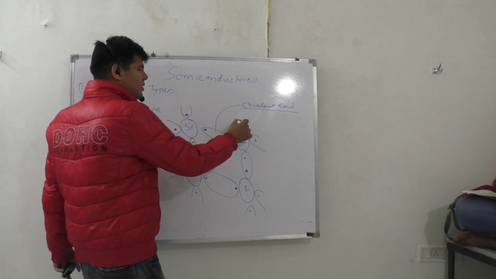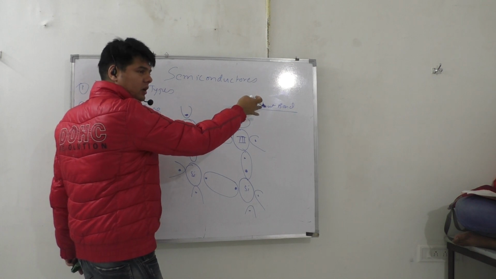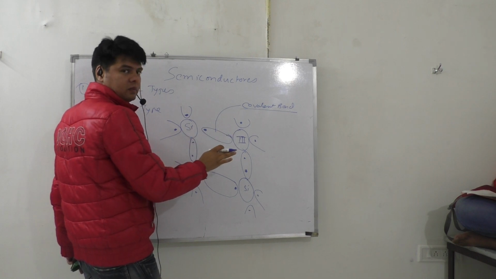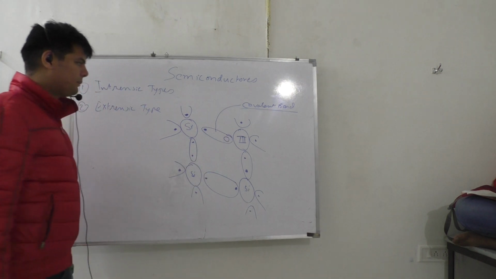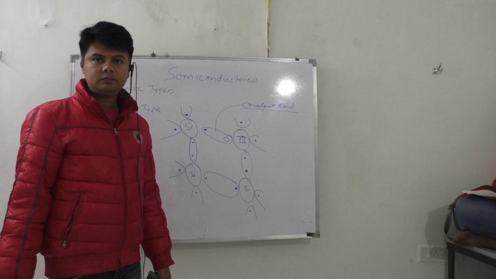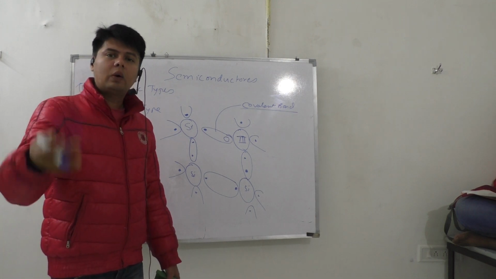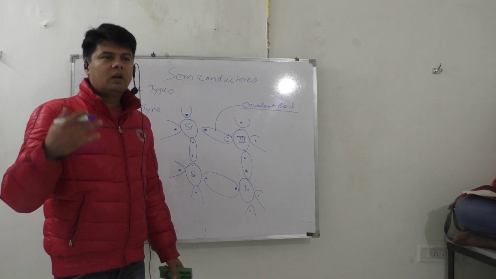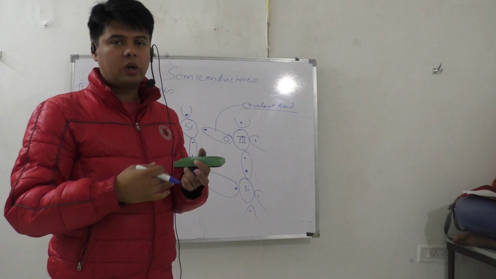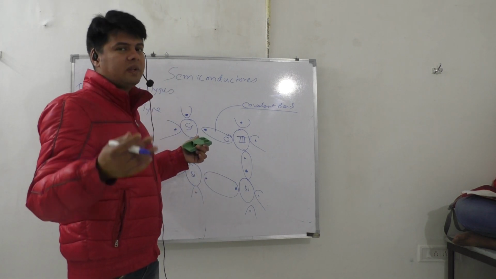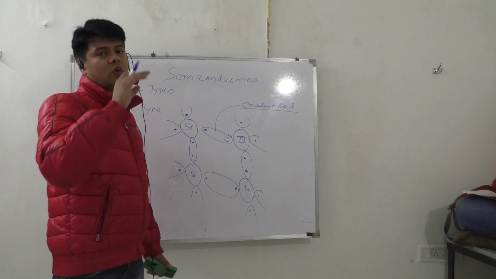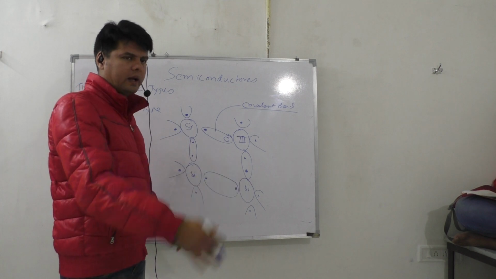These 3 electrons are tightly bonded with the silicon, another silicon atom, but this silicon electron is not bonded with any atom, and there is a free space, a hole. यहाँ पे सारे इलेक्ट्रॉन्स है, बट यहाँ पे एक फ्री स्पेस है. तो इस फ्री स्पेस में ये होगा, whenever this crystal structure feels some external energy in the form of current, voltage, light or heat, this electron will absorb the energy and move from the valence band to the conduction band, and it will escape its original place. ये इसकी जो original native place है, इसको छोड़ देगा ये.